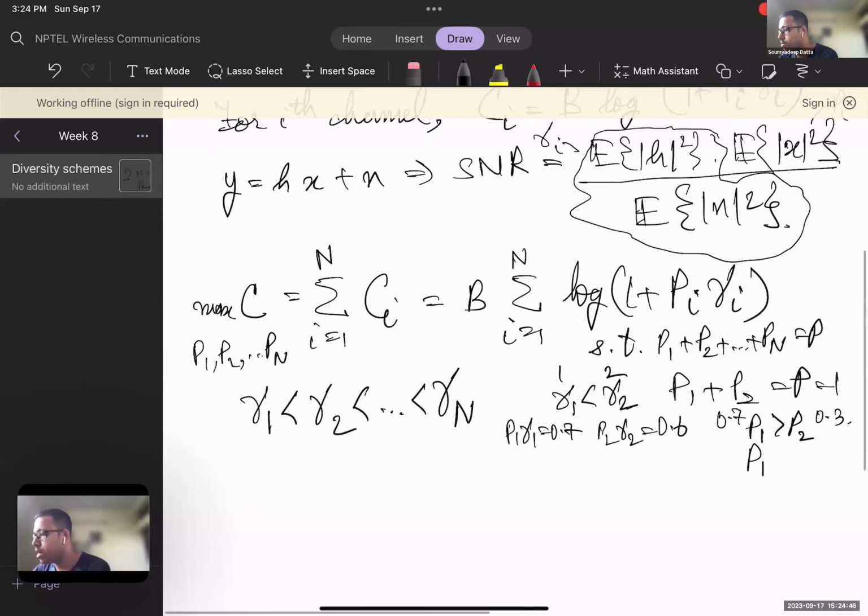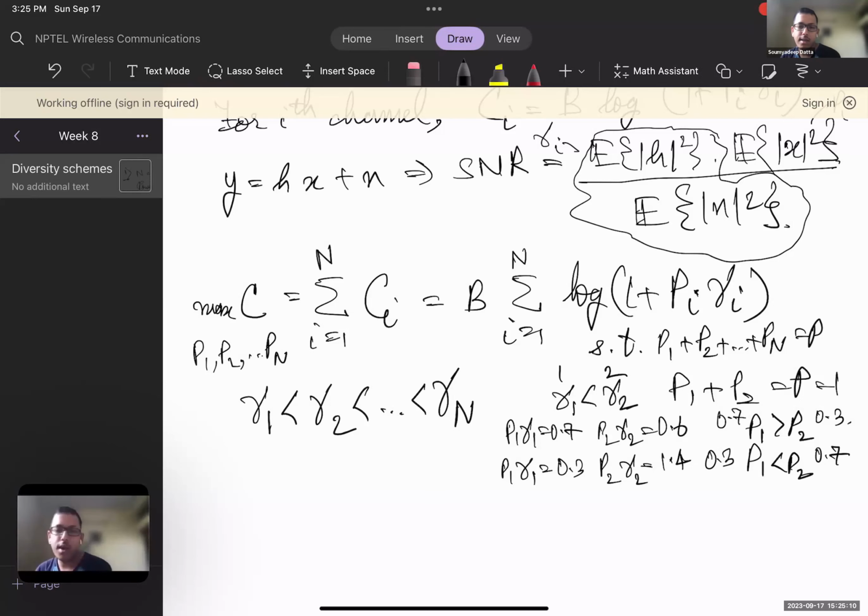And if I go the other way, same 30-70 ratio, but I split it the other way, I give more power to the second channel, then P1 gamma 1 is equal to 0.3 times 1, so 0.3. P2 gamma 2 is equal to 0.7 times 2, which is 1.4.